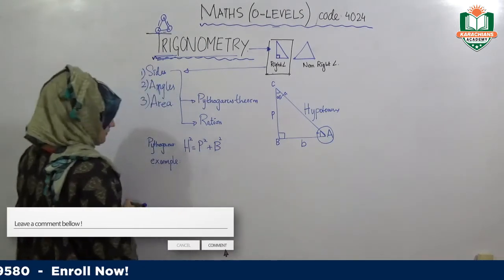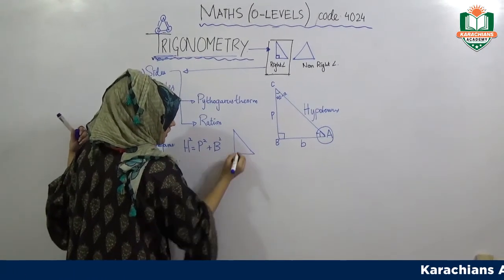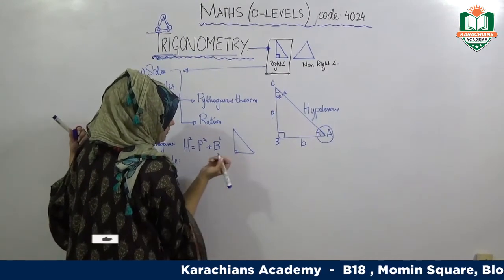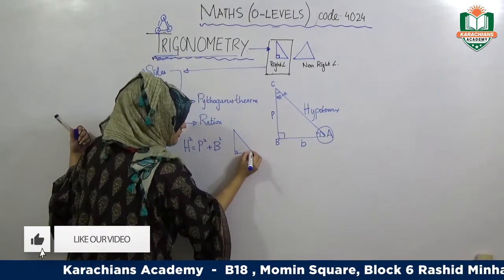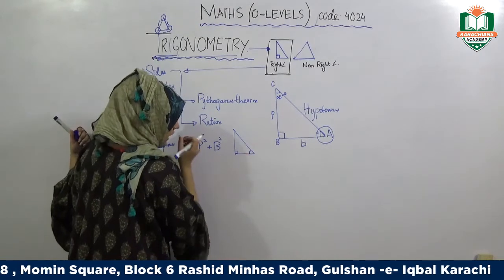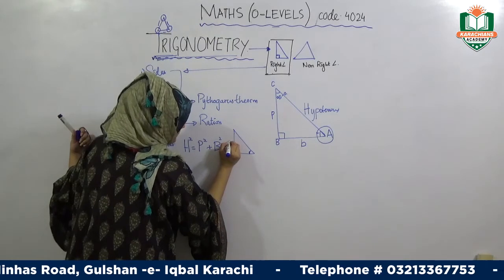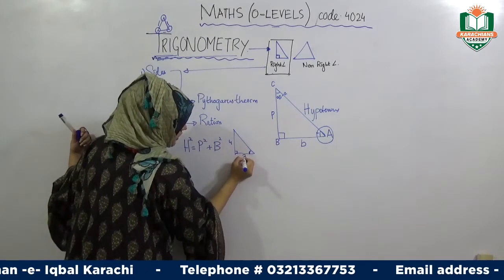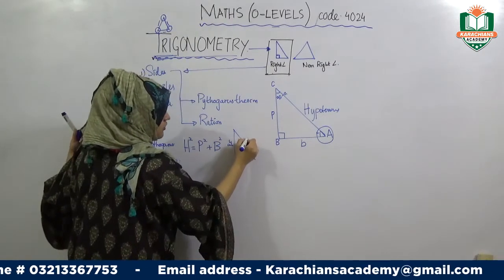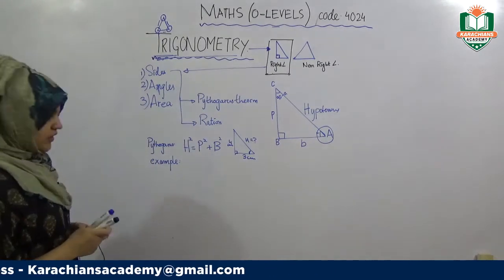Let's say you have this triangle, and this is a 90-degree triangle. The side in front of the angle we are talking about is 4 centimeters and the other side is 3 centimeters. We do not know our hypotenuse, which is what we will find in our example.